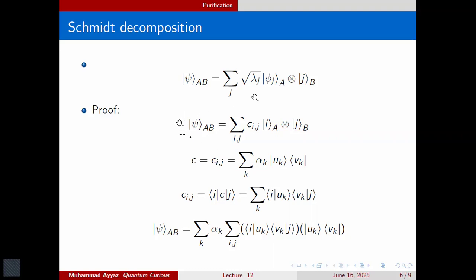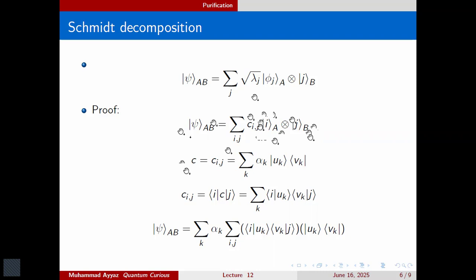So we have a general state psi AB, and here we have some vectors i related to system A and vectors j related to system B. And here are the expansion coefficients of that state.